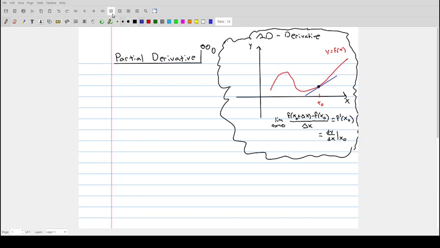The reason being that if you look at this difference quotient, for any delta x, say between x naught and x naught plus delta x, this difference quotient is the slope of what's called the secant line, the line between this point and this point.